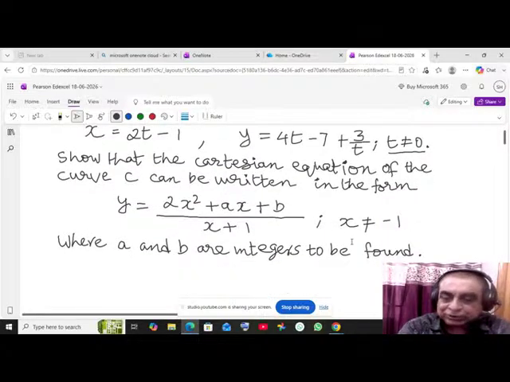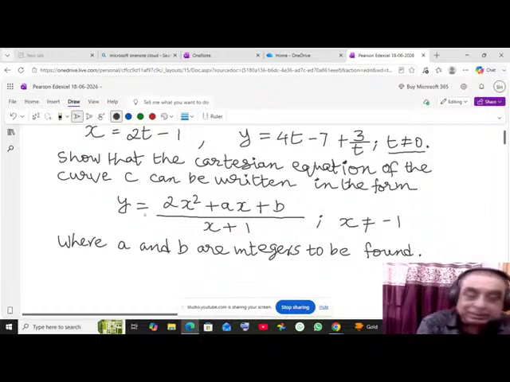Show that the Cartesian equation of the curve C can be written in the form y is (2x squared plus ax plus b) whole divided by (x plus 1), where x is not equal to minus 1. It is because in the denominator of y there is x plus 1.